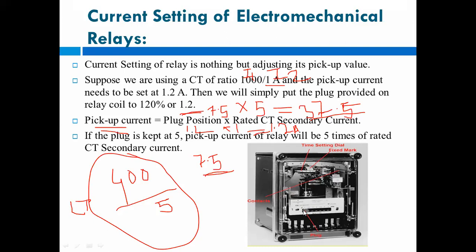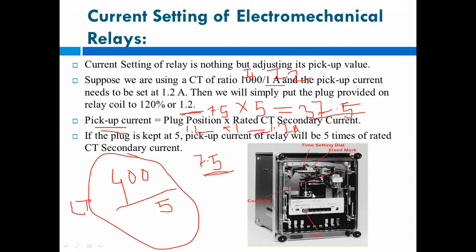There are different knobs, and this plug is there, and we can put that in any one of the current values. Okay, so here different ratings are given. There you can put that plug or knob and select the value of the pickup current. So that pickup current is equal to the plug position into the rated CT secondary.